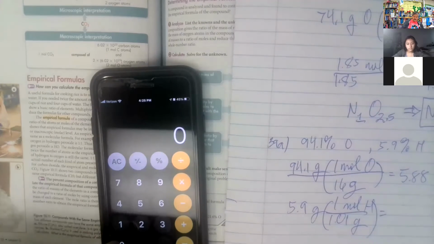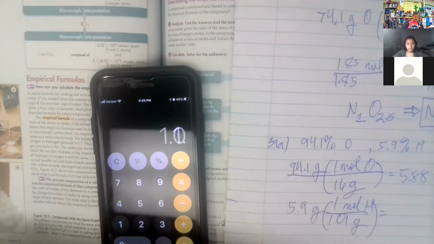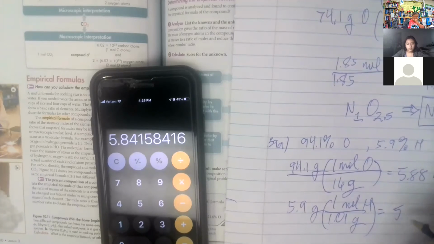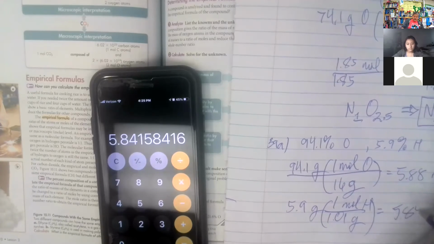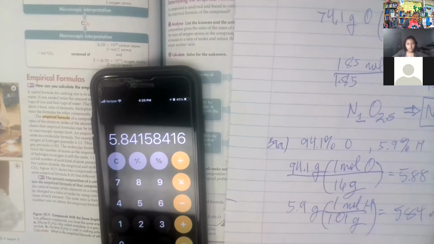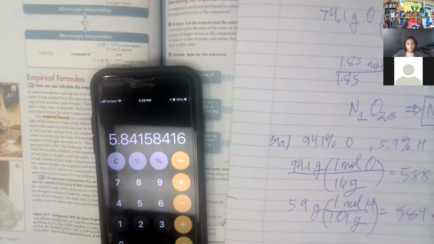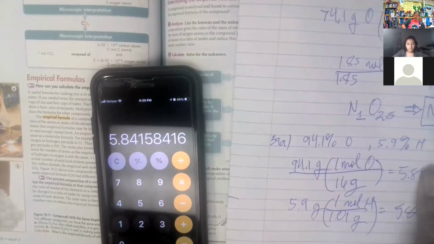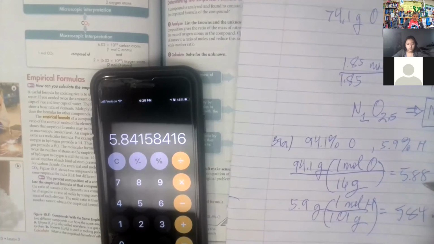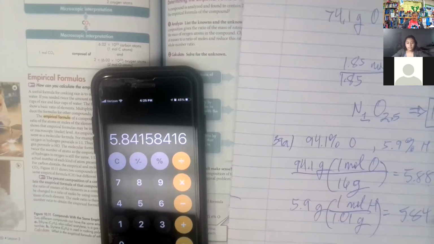And then you got 5.9 divided by 1.01 equals, ooh, they're the same. They're 5.84 moles of hydrogen, so it's 1 to 1. I don't need to multiply. They're the same if I look at 2 sig figs. This is 5.9, and this is, ooh, this is 5.8. But this will give us the same thing.